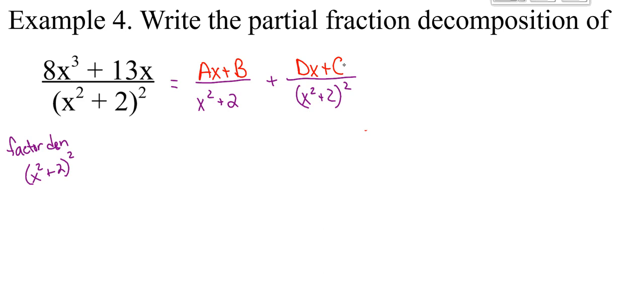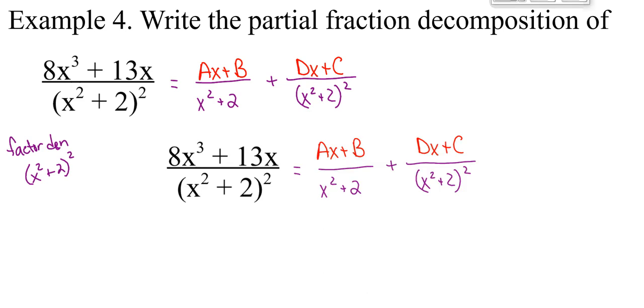And then we're going to multiply by the common denominator to get rid of the fractions. As I move along, I just noticed that I wrote that as dx plus c, and I meant to write it as cx plus d. So go ahead and change that. I'll change it in a moment. I already did some more work, so I have to show that work.